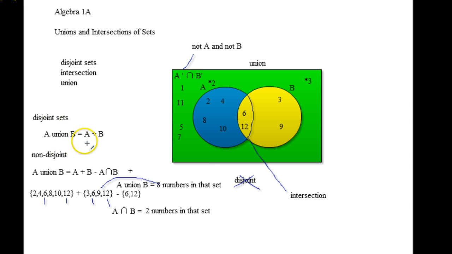If it's disjoint, I would just add up everything. I would have no intersection, and therefore I just add the numbers on the left, the numbers on the right, and I'm good. But if it's non-disjoint, you do have to subtract the intersection. The intersection is really easy to calculate every time. It's just the number in the middle, and that's usually what we're given.